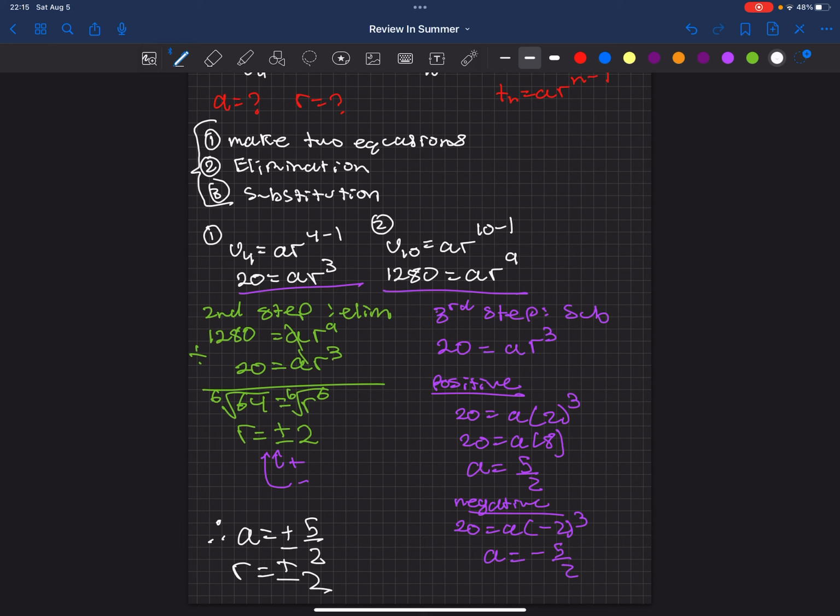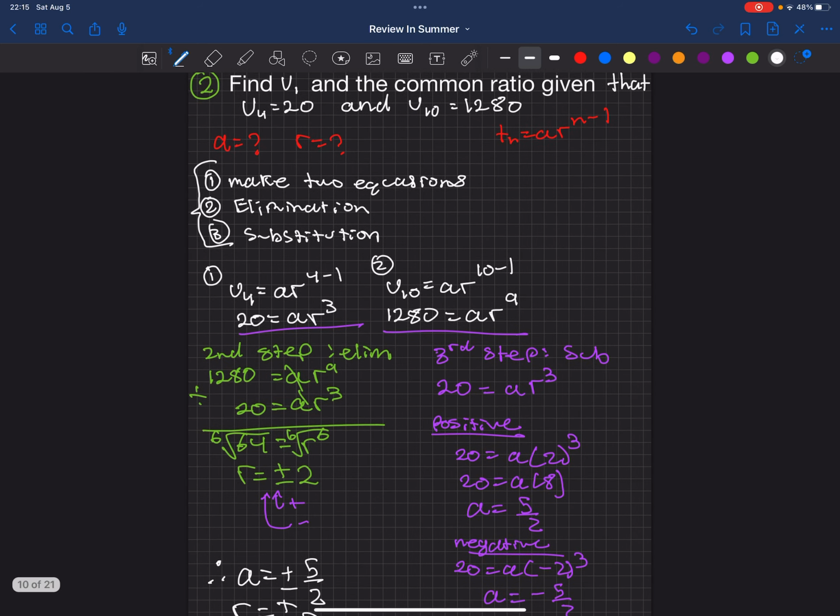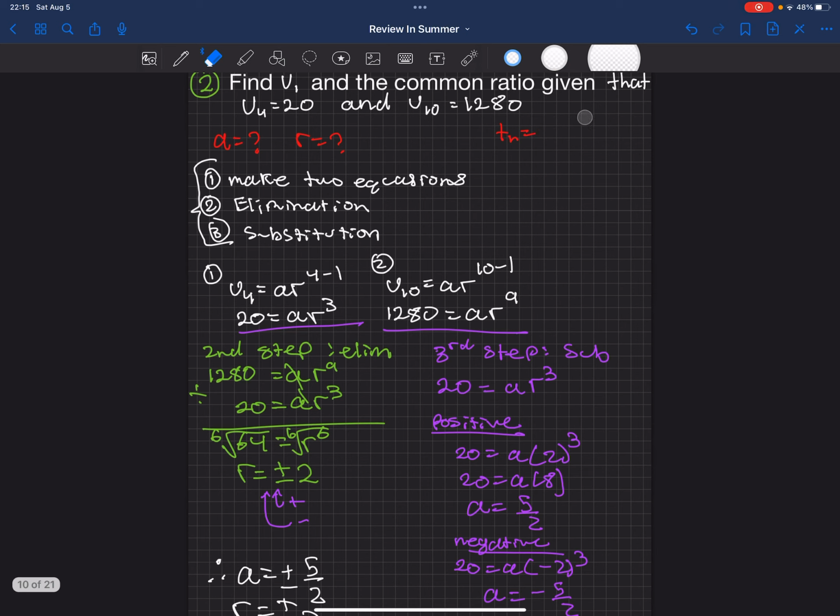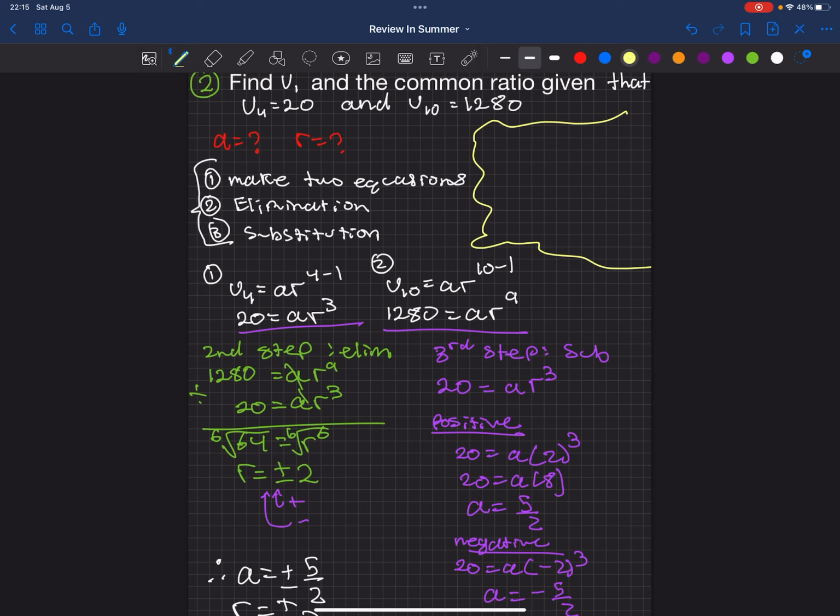So to do a check, you always want to do a check after these type of questions. All you have to do for the check is just substitute a and the value of r into one of these equations. So I'm going to choose this one: 1,280 equal to a times r to the power of 9. 1,280 is equal to a.